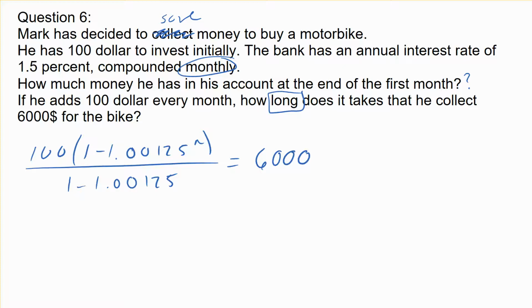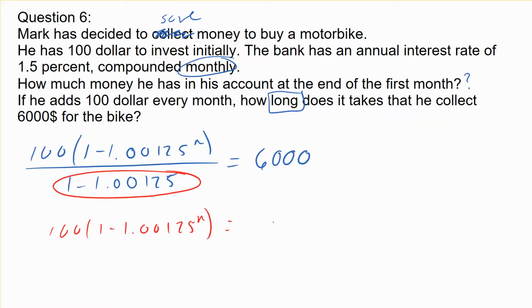So we're going to fraction bust this over. So we're going to multiply by negative 0.00125. 6,000 times negative 0.00125 is, so I've got 100 times (1 minus 1.00125 to the n) equals negative 7.5.